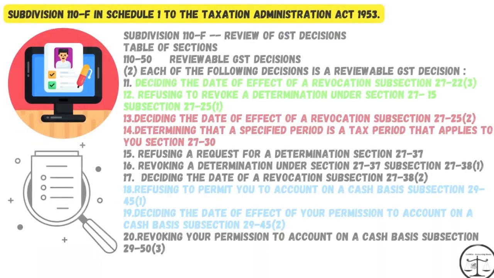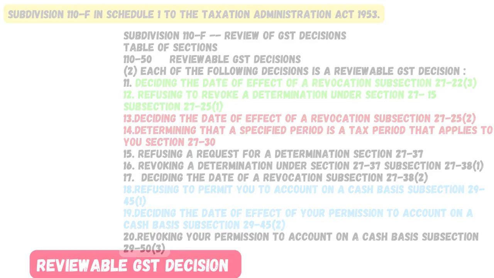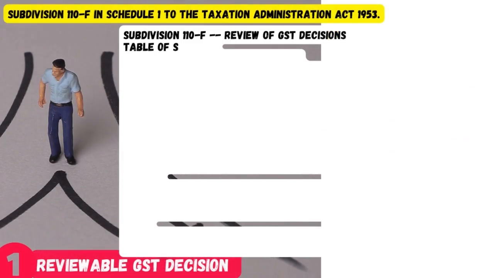18. Refusing to permit you to account on a cash basis, subsection 29-45(1). 19. Deciding the date of effect of your permission to account on a cash basis, subsection 29-45(2). 20. Revoking your permission to account on a cash basis, subsection 29-53(1). 21.